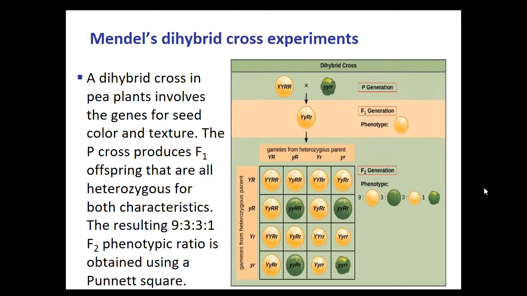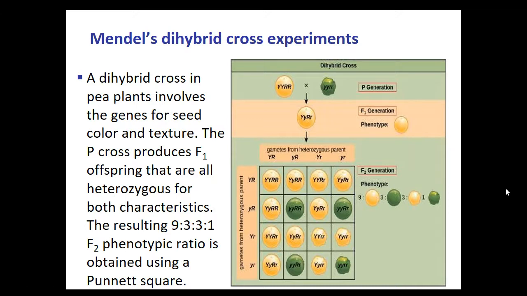You could get a big Y and a little r, or a little y and a big R, or a little y and a little r together. And that's the law of independent assortment, the independent assortment of chromosomes. The number 1 chromosomes separate independent of what the number 2 chromosomes do, independent of what the number 3 chromosomes do. So you can get all these different combinations of genotypes in the offspring.